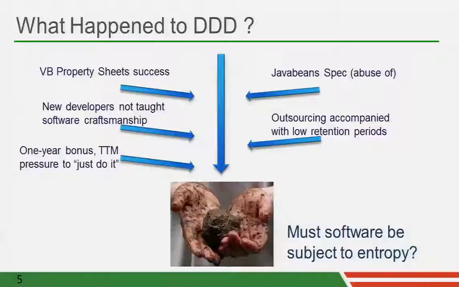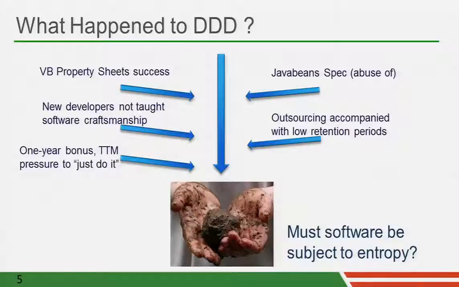But whatever happened to software craftsmanship, domain-driven design, that community of thinking that was back then? Well, Microsoft had a whole lot of success with Visual Basic property sheets. And then we had the Java Bean spec, the abuse of that. A lot of developers over the last decade not really taught software craftsmanship in computer science courses.